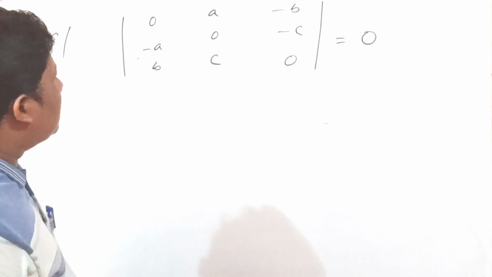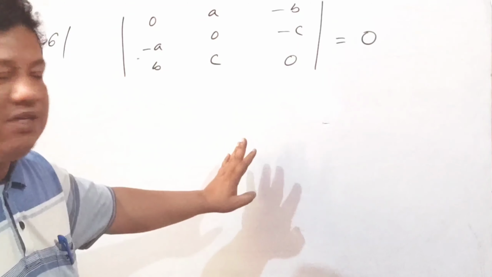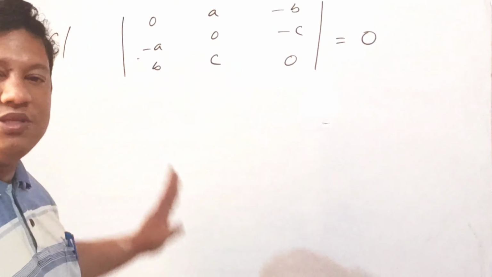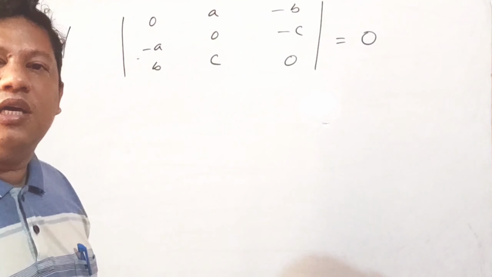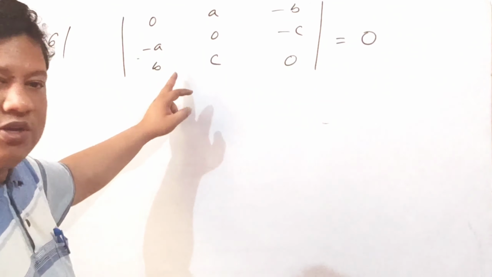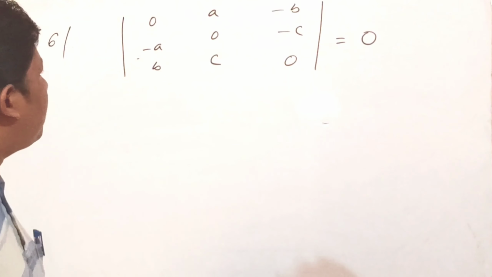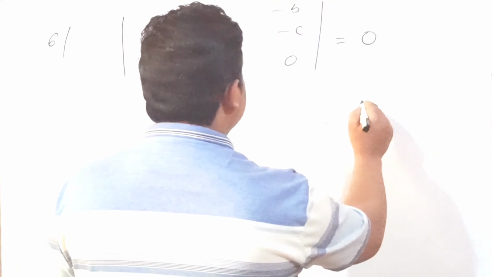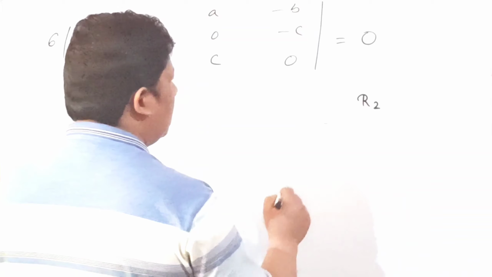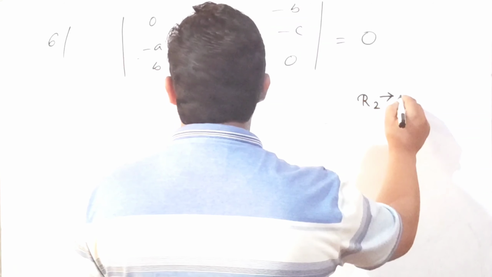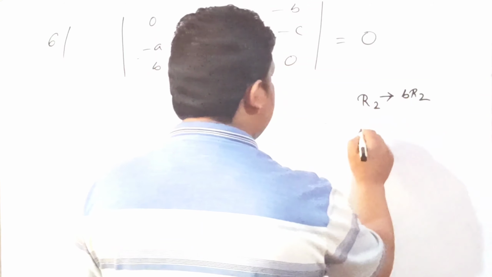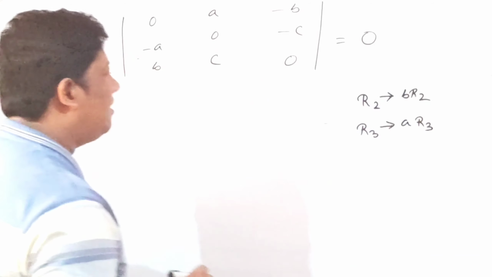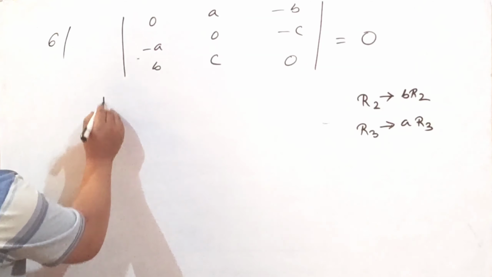Look here, you can also prove this one by expanding, because for these questions there is no need to prove using properties. You can use expansion, because it is beyond your properties. If I operate like this, suppose R2 is multiplied by B, and R3 is multiplied by A. Since I multiply, you have to divide also.